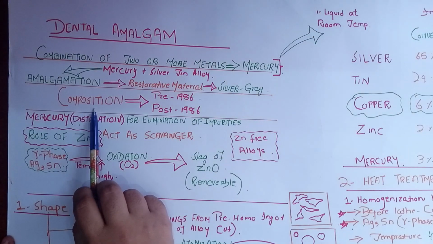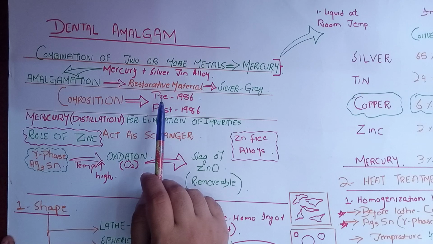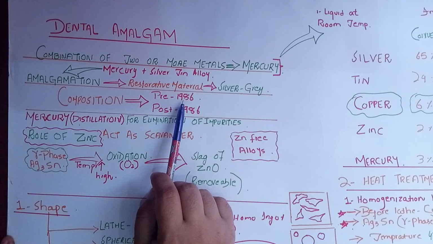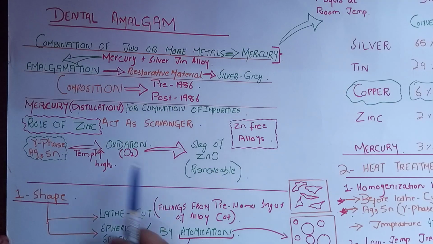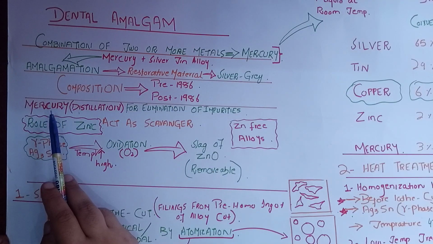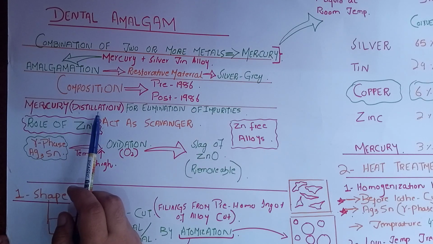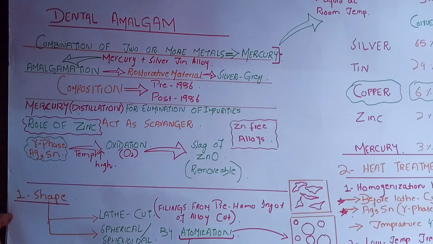Now I will discuss the composition of the dental amalgam, and the composition can be classified into pre 1986 era and post 1986 era. The important material present in amalgam is mercury, and the process starts with the distillation of the mercury for the elimination of the impurities.